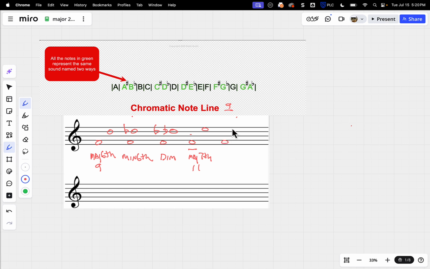If you lower a major seventh interval now, we're talking interval, this is a minor seventh interval, and then of course if you lower it twice, it becomes a diminished seventh interval.